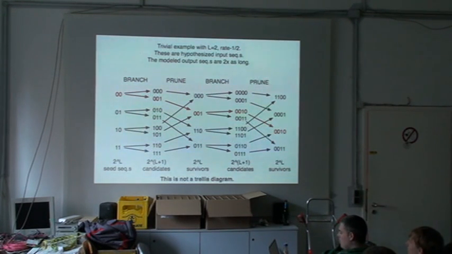Do your cost calculations. And on the basis of those cost calculations, you're going to prune the candidate set. For candidates that have common suffixes, you're going to keep the candidate with the smallest cost, and that becomes a survivor. And you do it again. You just do this process for every symbol period.